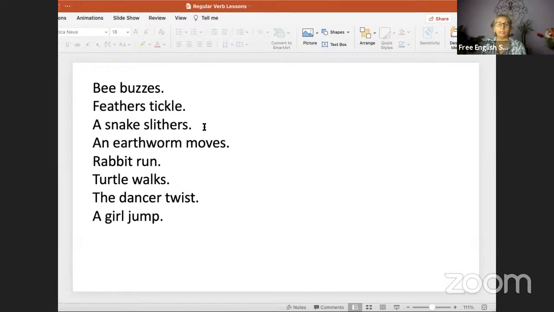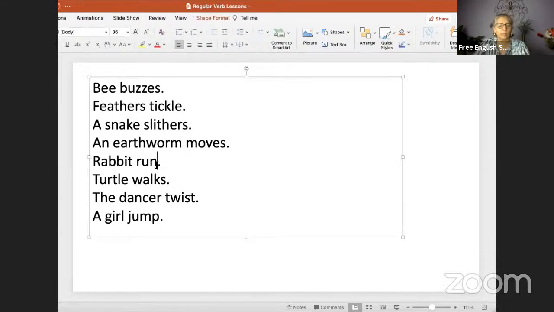Then rabbit run. Rabbit runs, not run, right? Okay, so rabbit runs. Turtle walks. The dancer twists. A girl jumps. So if you can see, these are complete sentences. But these sentences just have one noun, one verb, and that's it.